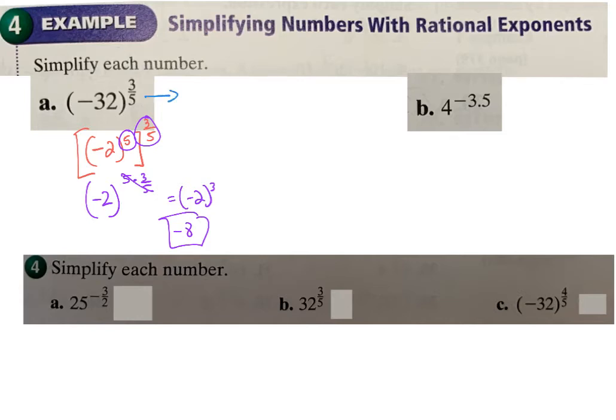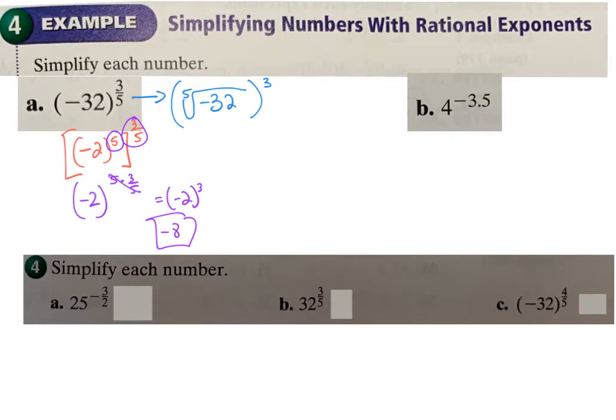So I would rewrite this, and I would say, well, negative 32 with a fractional exponent is going to be negative 32. That's the 5th root, and I'm going to take that 5th root to the 3rd power. This is what most people would do with this. So once you have this, you can use your factor tree. And then all of a sudden, you'll see that 2 is your base. So you can say 32 is 2 and 16, 2 and 8, 2 and 4, 2 and 2. All right? And I have 1, 2, 3, 4, 5.